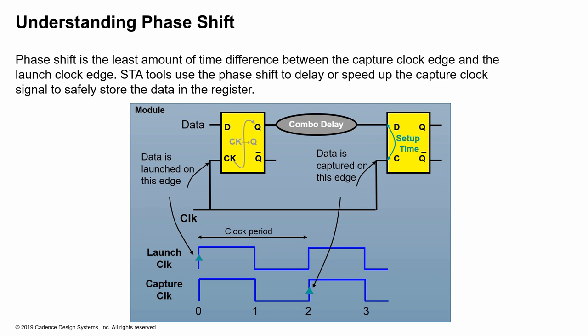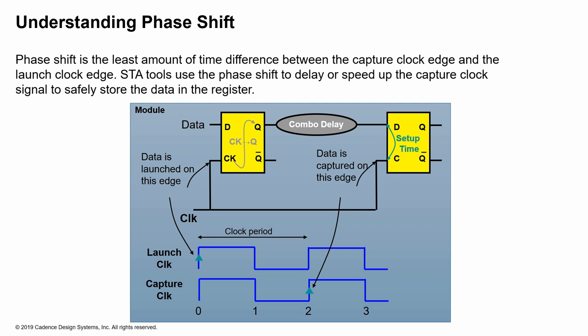Now, you can also have phase shift when there is a difference in phase between the launch and capture edges, because the waveform of the clock has shifted a little bit at the capture clock. So it's possible that you're using a positive edge clock on one end and a negative edge clock on the other end. Therefore you're pretending that there is a shift in the clock itself, and you use the negative clock in one case and the positive clock in the other case.